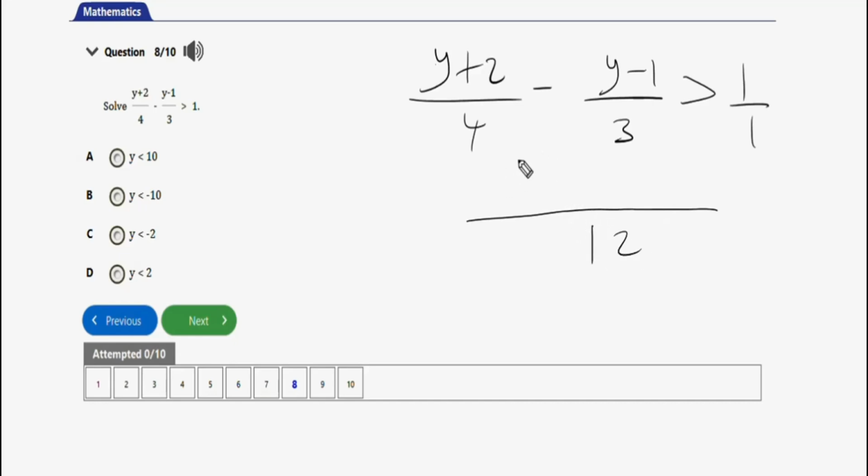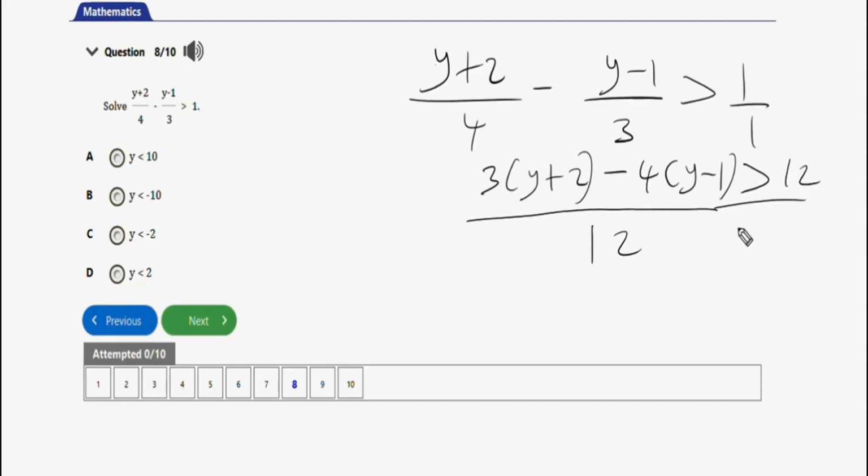So 1 into 12, we have it to be 3. So 3 times what we have here, y plus 2, minus 3 into 12 is 4, so 4 times what we have here, y minus 1, is greater than what? Now 1 into 12 is 12, 12 times 1 is 12.